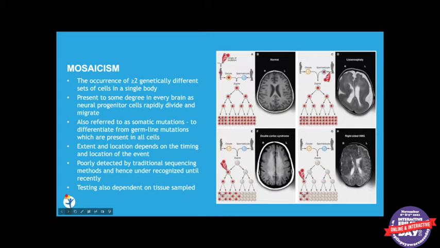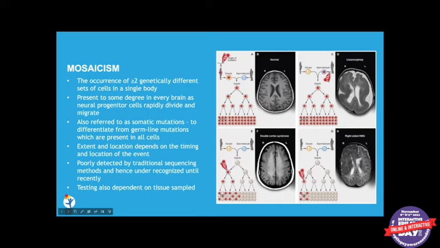The concept of mosaicism is the idea that more than one genetically different line or set of cells exist within a single body. And we naturally are mosaics, especially in our brain, because our brain cells start all around a central canal, which becomes our ventricular system that contains the fluid that bathes and nurtures the brain.